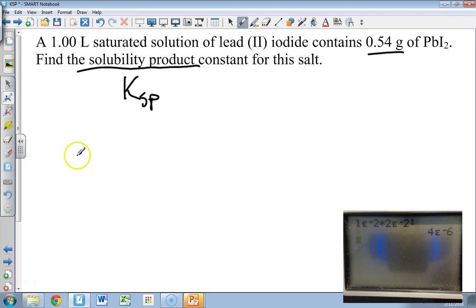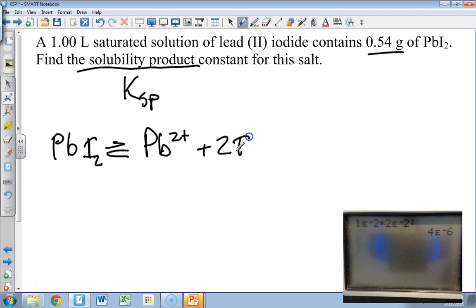Okay, so let's go. PbI2. In these sorts of Ksp reactions, they're always kind of the same. So lead iodide separates into Pb2+ and 2 I minus. Both of these are aqueous, and this one is solid.